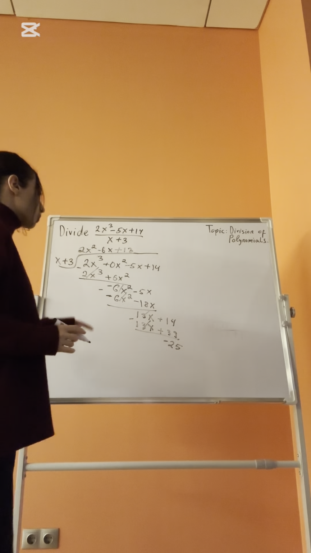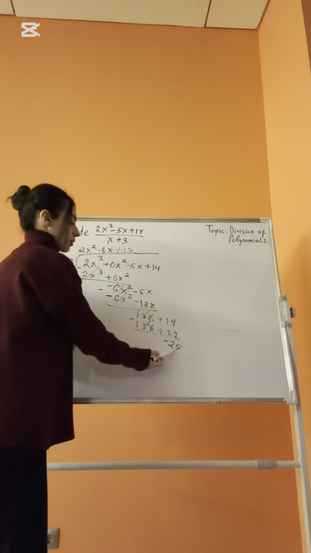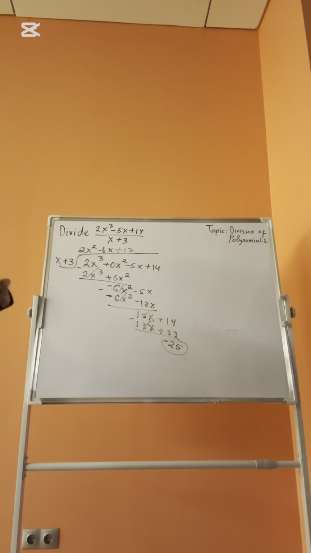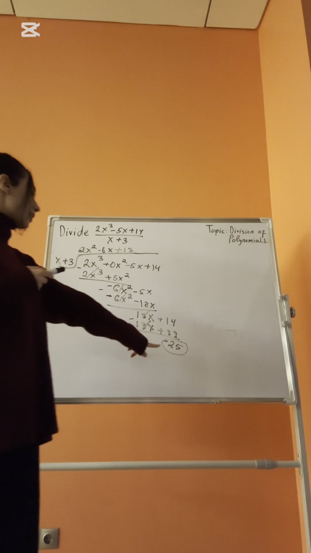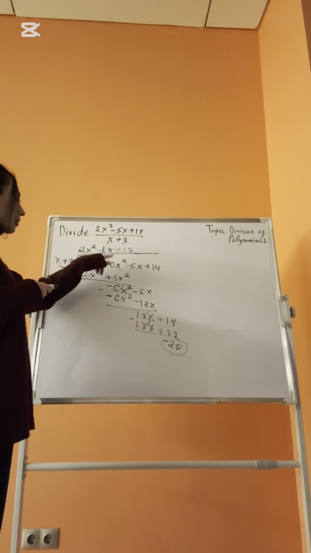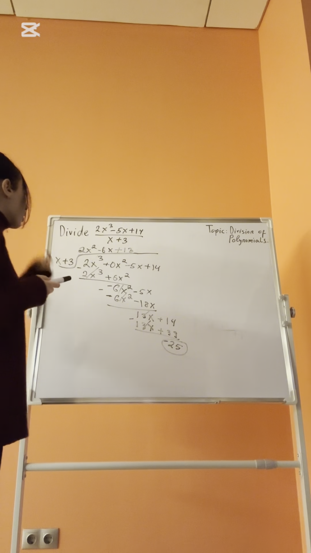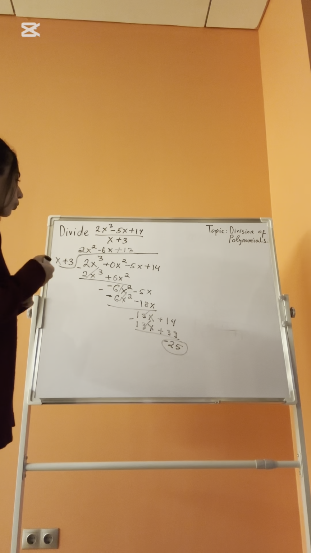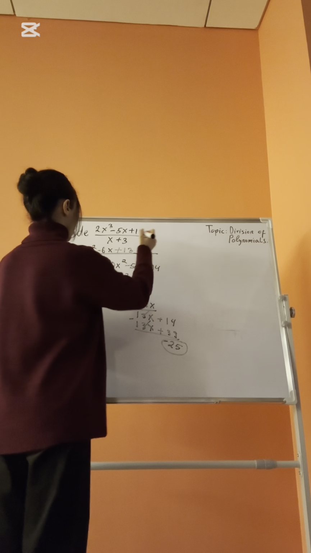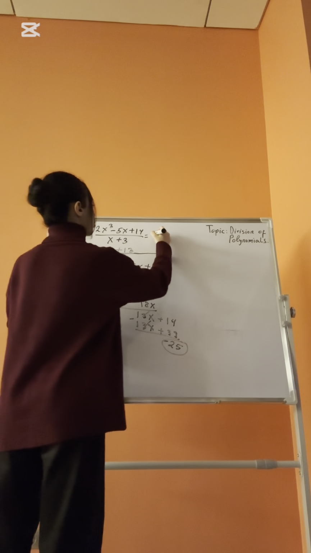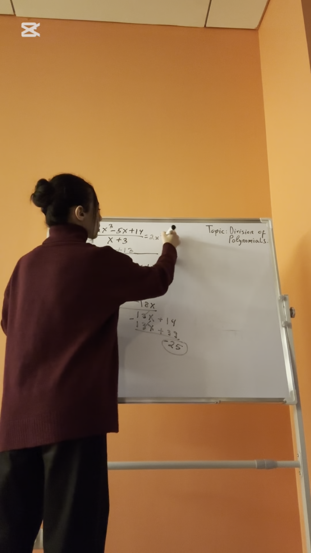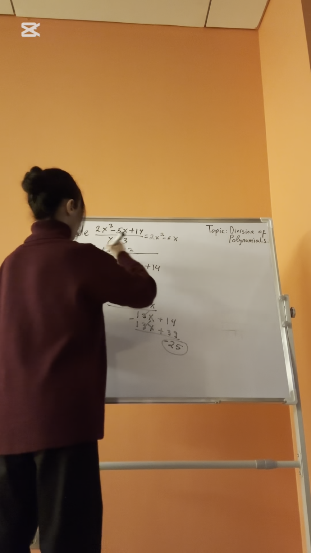That's it. So now you're gonna ask, what is this? This is our remainder. We got minus 25 as a remainder. We got 2x to the power of 2 minus 6x plus 13 as a quotient. So we're gonna write the answer like this. 2x to the power of 2 minus 6x plus 13.